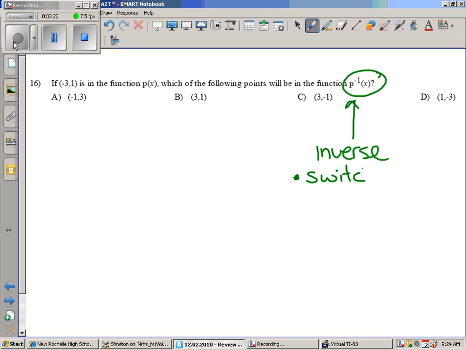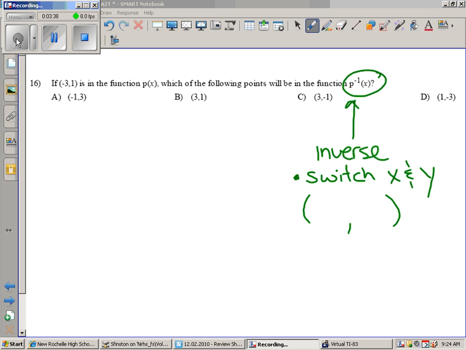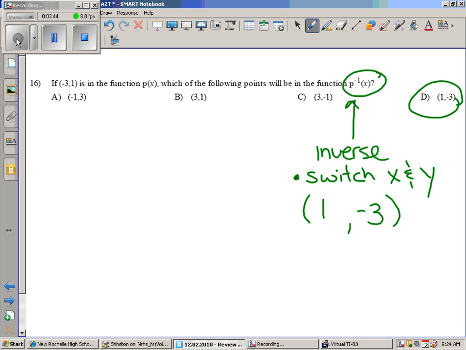Switch x and y. So what point is on the inverse? All we're going to do is switch it. And so it's going to be just 1 comma negative 3. Choice D.